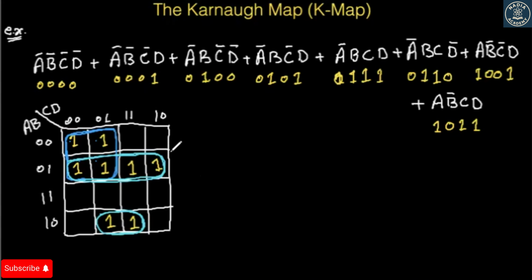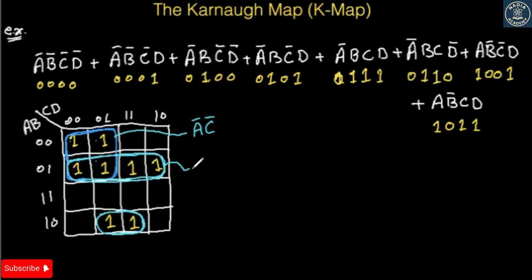Now let's write the solutions. First group: A is not changing, it is 0, so A bar. B goes from 0 to 1, so it drops out. Within this loop, C is 0, so C bar, and D changes from 0 to 1.